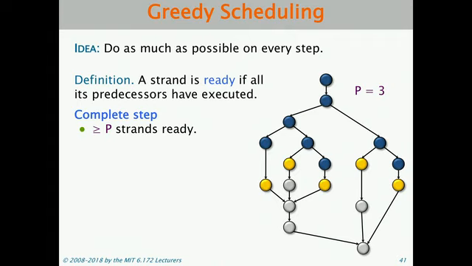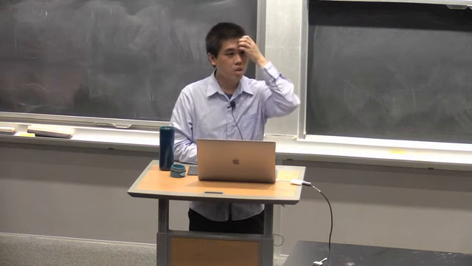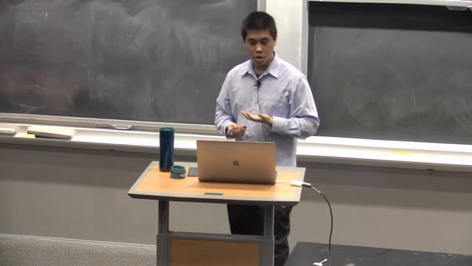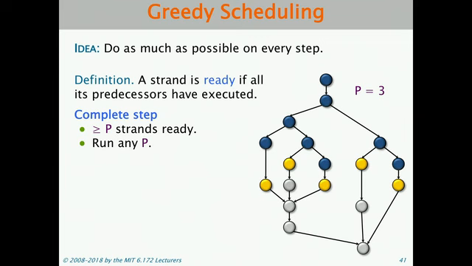So what are we going to do in a complete step? What would a greedy scheduler do? Yes? Yeah, a greedy scheduler would just do as much as it can. So it would just run any 3 of these, or any P in general. Let's say I picked these 3 to run.